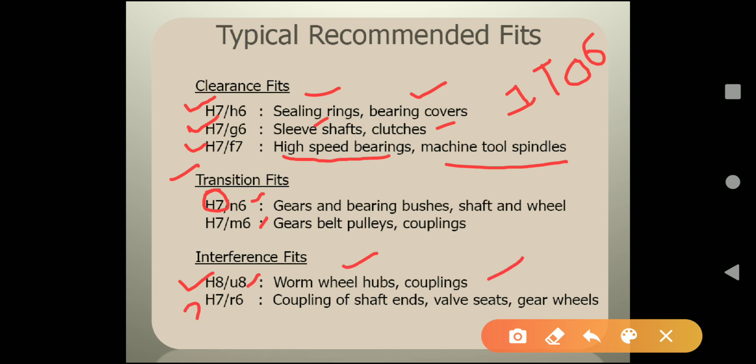Second application you can see H7 and r6. These are used for coupling of shaft ends, valve seats, gear wheels, etc. In interference fit, such types of fits are generally press fits or force fits. So let us see the particular calculation which is done for H7 and G6, that is clearance fit.